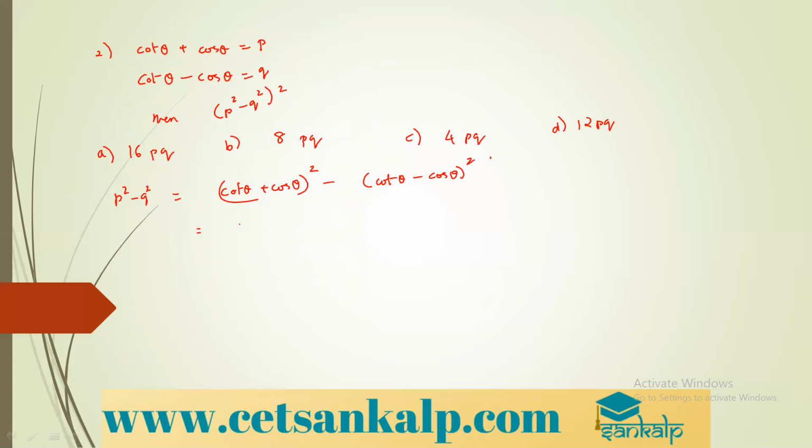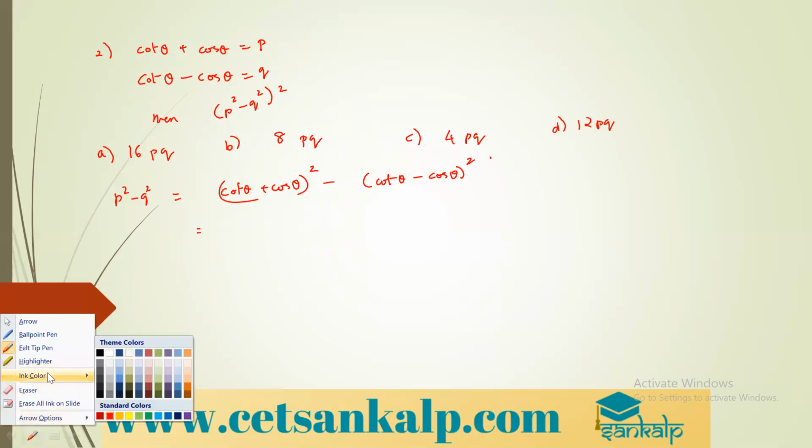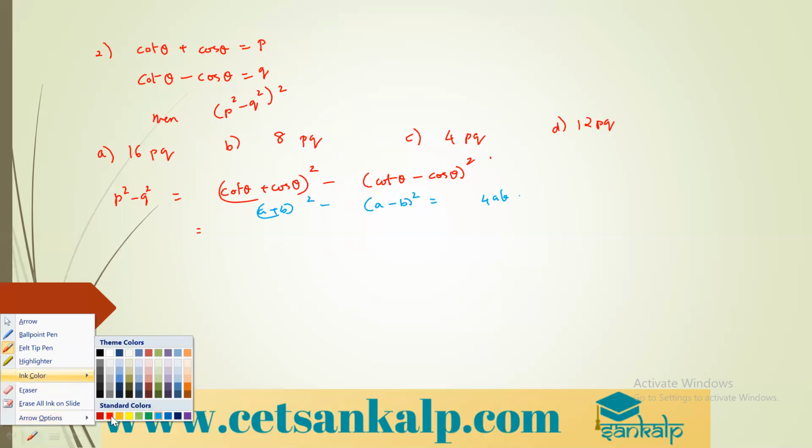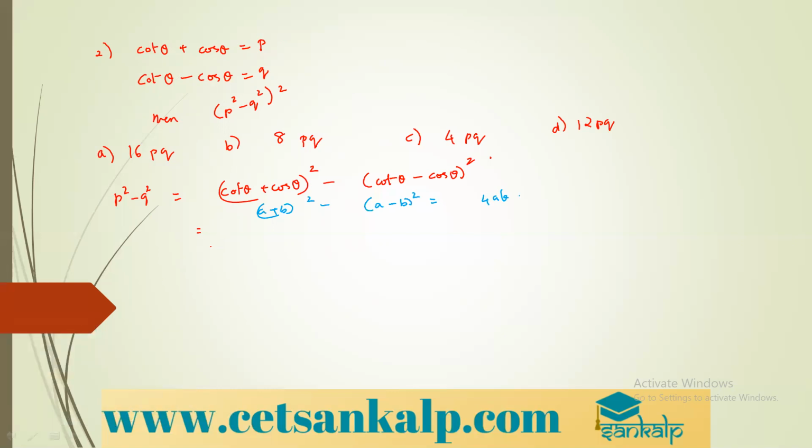I will be using the formula a plus b whole square minus a minus b whole square is 4ab. So the same formula we are going to use now. Here you will have 4 times cot theta into cos theta. Cot theta is cos theta by sin theta and this is cos theta, so you have 4 cos square theta by sin theta.